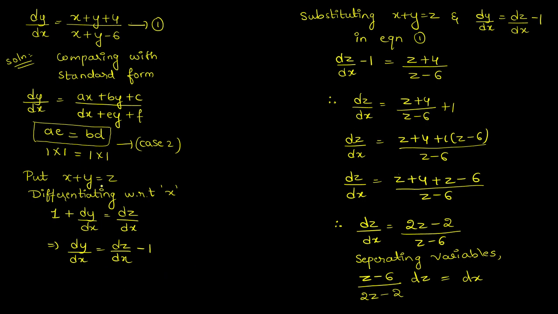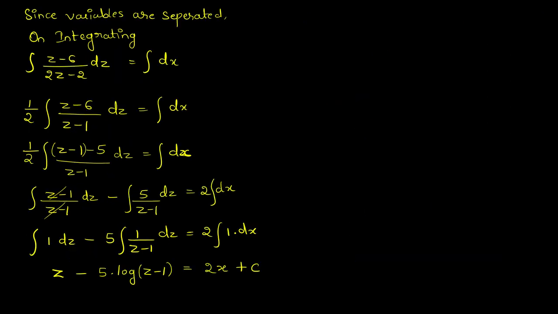Remember, we had taken x plus y is equal to z, so the same thing will be replaced here. So what we do is replace z by x plus y. We had considered z as x plus y in the beginning, therefore replace z by x plus y.